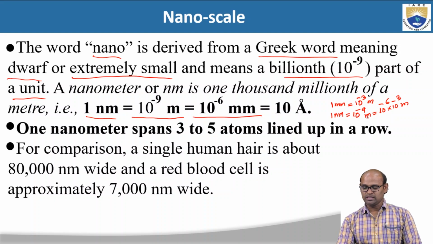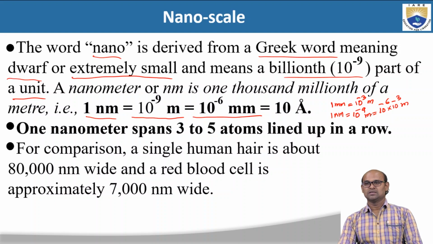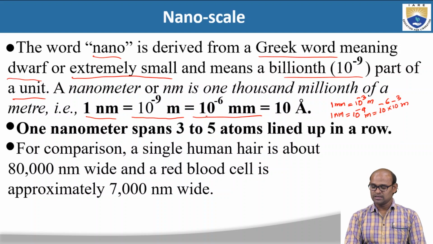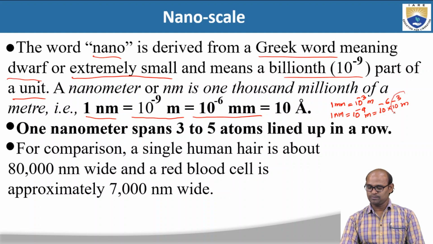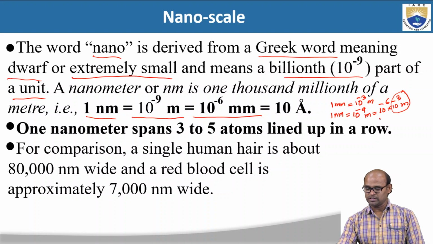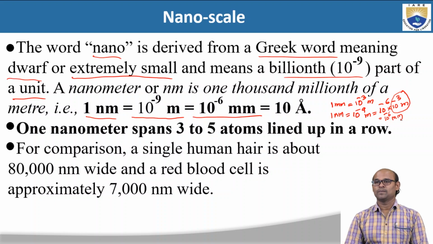Because 1 millimeter is 10 power minus 3 meters, we can write 1 nanometer as 10 power minus 6 millimeters.